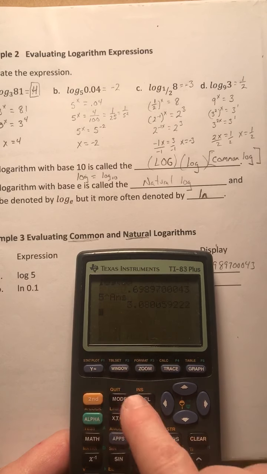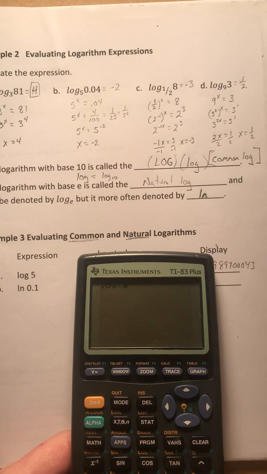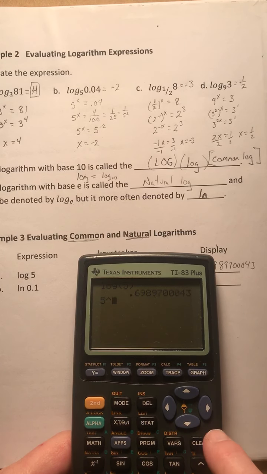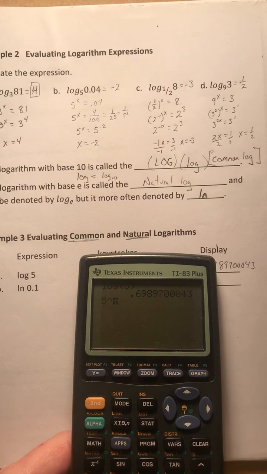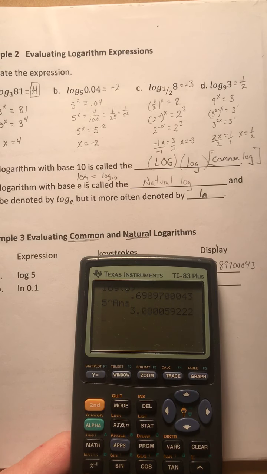Clear that out. Again, we're going to do log 5, enter, and then 5 to the answer. I don't know why it's doing that.